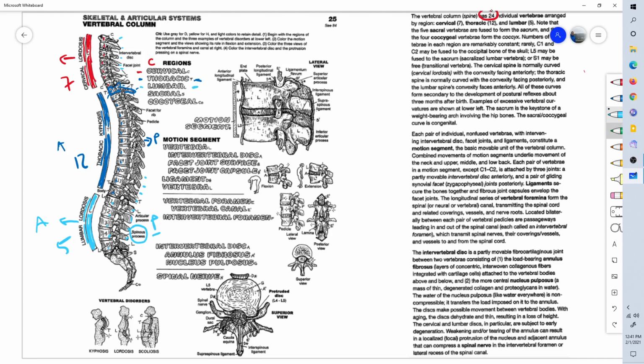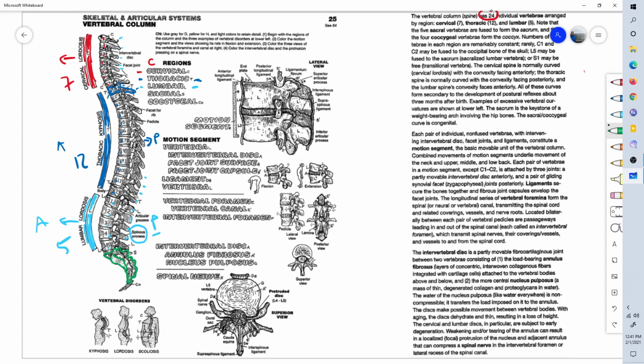The next region is the sacral region. And the sacral region used to be divided up into, and this is the sacroiliac joint right here, the sacral region used to be divided up, and you can see me going over these bumps here, into 5 vertebrae during fetal development and child development.